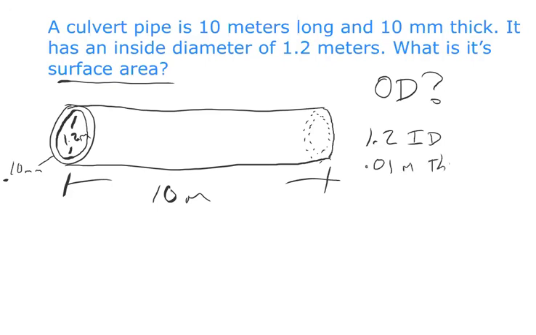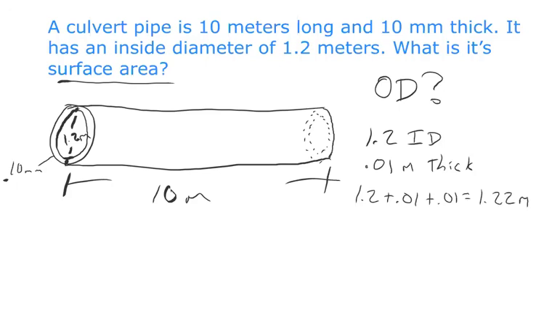meters is our thickness. So 1.2 plus a thickness on this side and a thickness on this side. So 1.2 plus 0.01 plus 0.01 equals 1.22 meters.